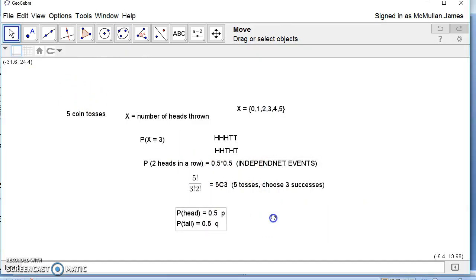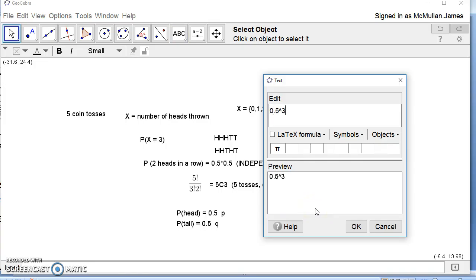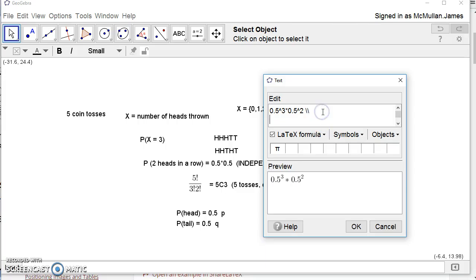Okay, so now we simply multiply. We go 0.5 to the power of 3 times 0.5 again to the power of 2. And remember, this comes from p cubed times q squared, right? Because again, the exponent on q was 5 minus 3.